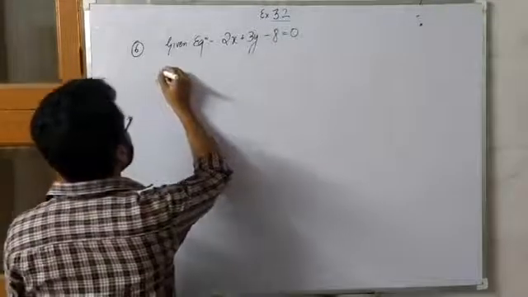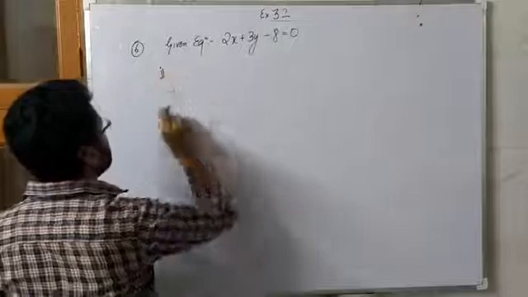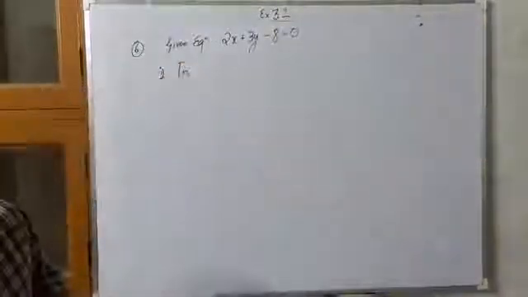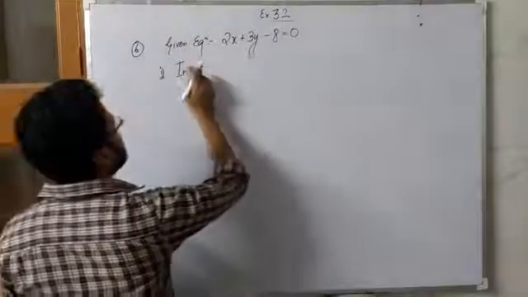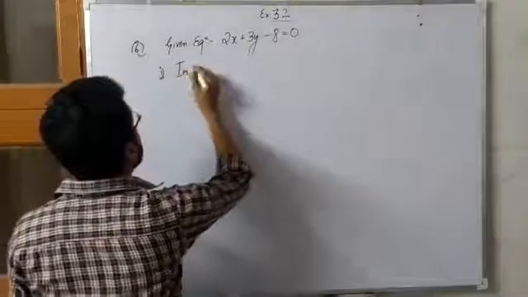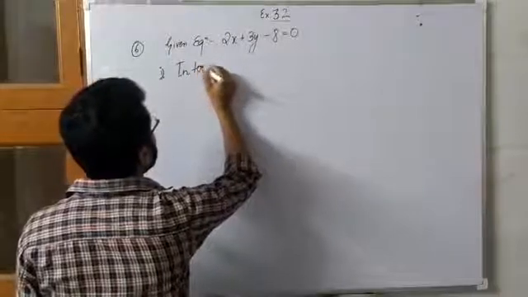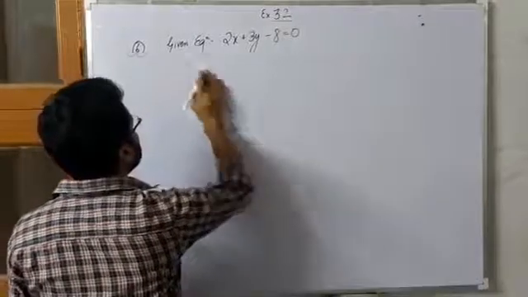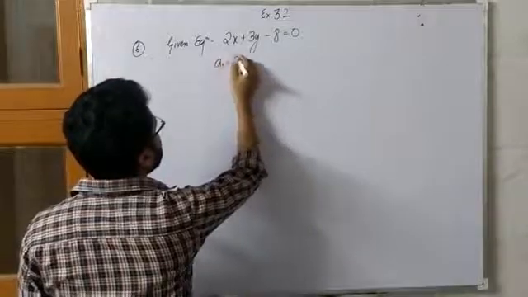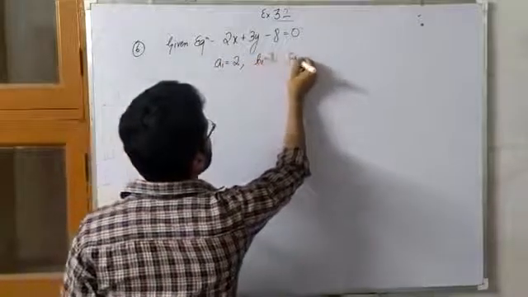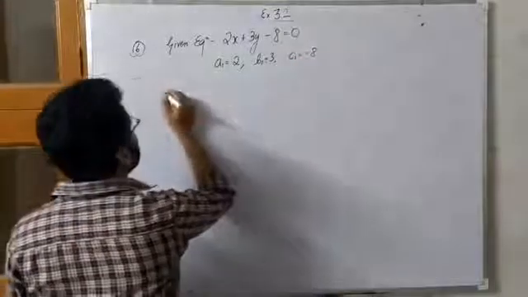Now, what you are supposed to do, first case, is of intersecting lines. First of all, note here A1 is 2, B1 is 3 and C1 is minus 8.